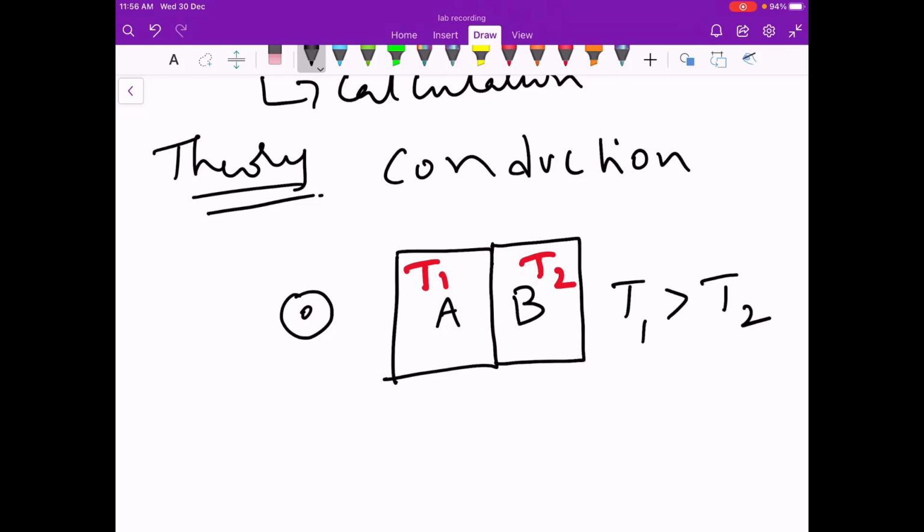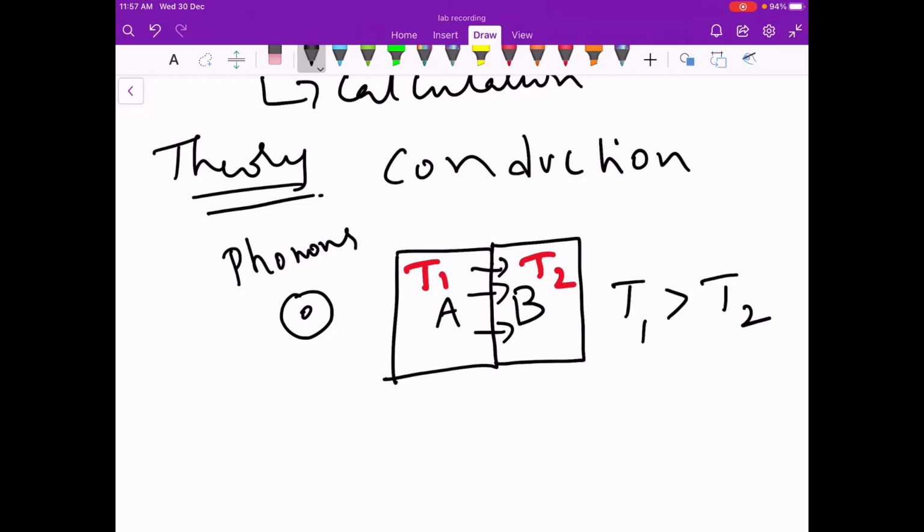Research has shown that the subatomic particles responsible for the transfer of heat from one molecule to another are called phonons. Those particles carry the information of heat, so body B gets heated up over time and tries to become equal to body A. Are you able to understand, guys? That is how heat will be exchanged from T1 to T2.